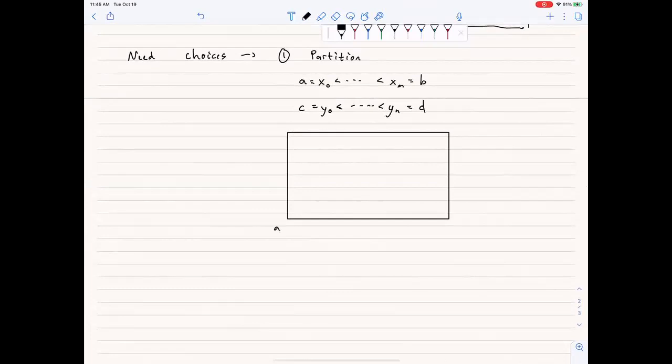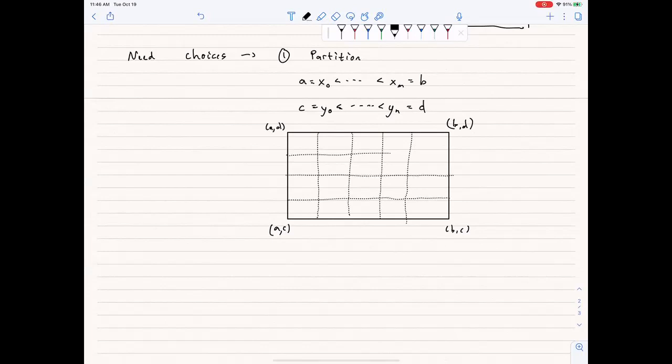This is our point AC, this is our point AD, this is BC, BD. And the points x naught through xm are going to divide this up this way, and then the points y naught through yn are going to divide this up this way. Okay, so we get some big mesh of a bunch of sub-rectangles.